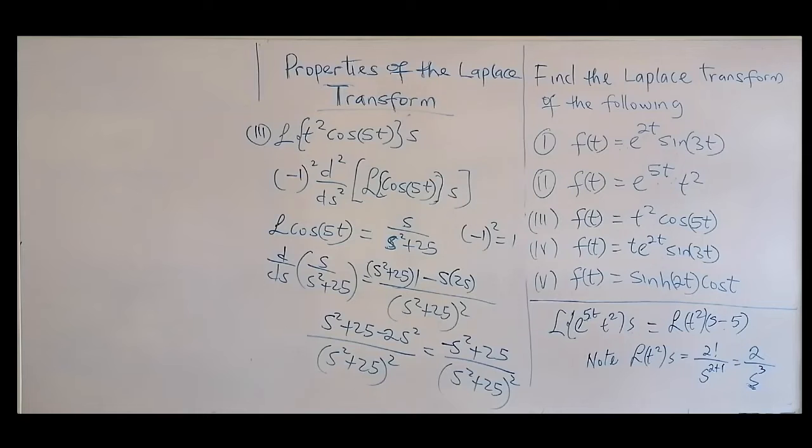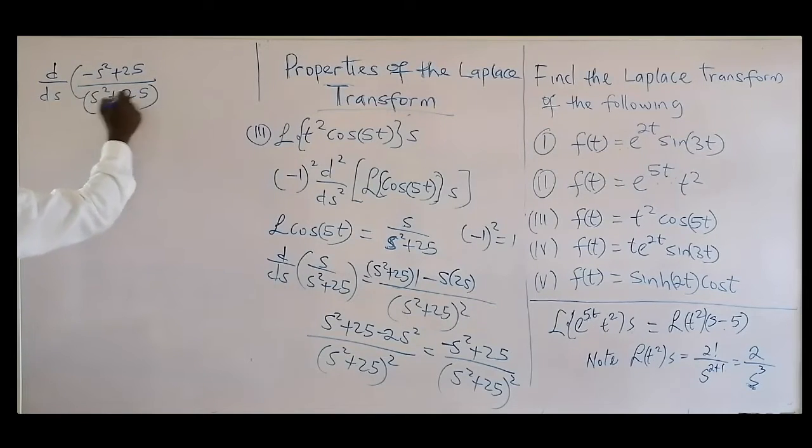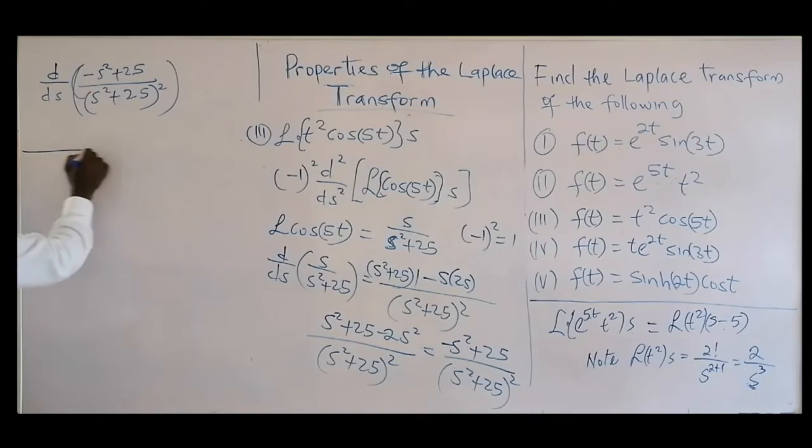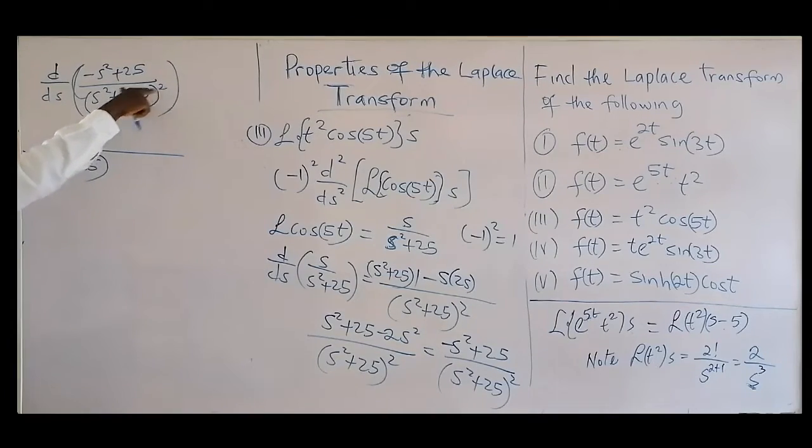We can do the second one. Do it again with respect to the function: minus s squared plus 25 all over (s squared plus 25) all squared. So this will be equal to s squared plus 25. The denominator here is squared, if you square it again, it makes power 4.